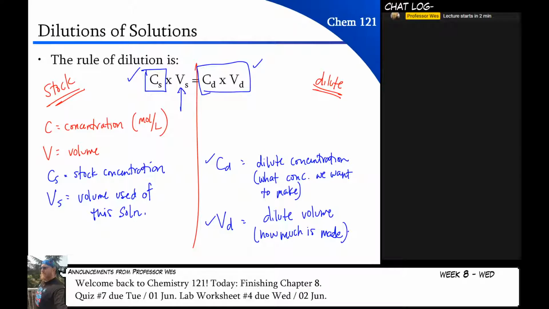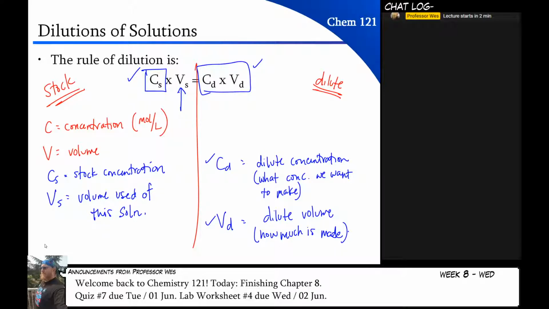How much of the stock solution is needed to prepare the dilute one? And then once you solve for the volume, you then do the procedure. I pour out whatever volume I measured or calculated. I put it in a container that is as big as I want it to be. And I add enough water to fill that container so that I have the concentration I was looking for. That's the gist of it.